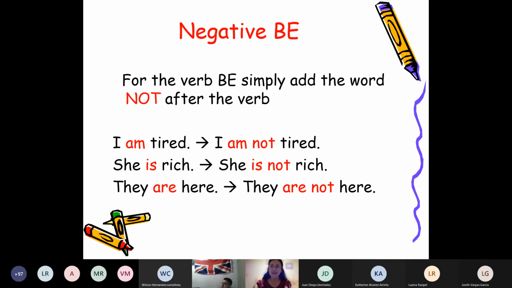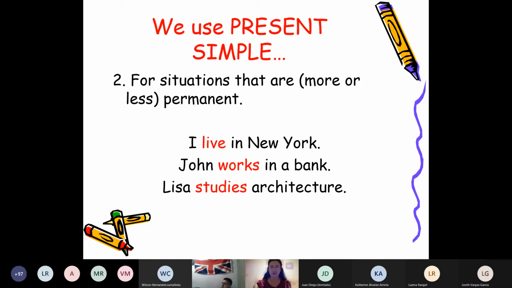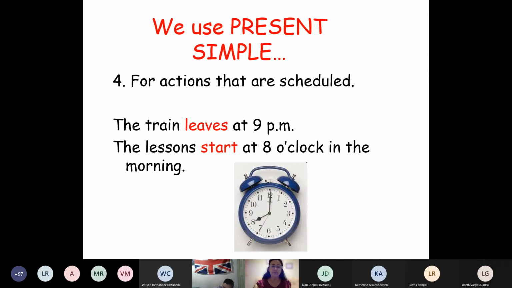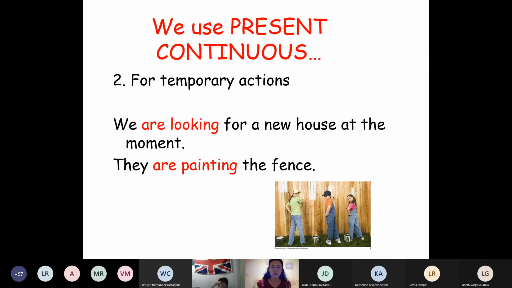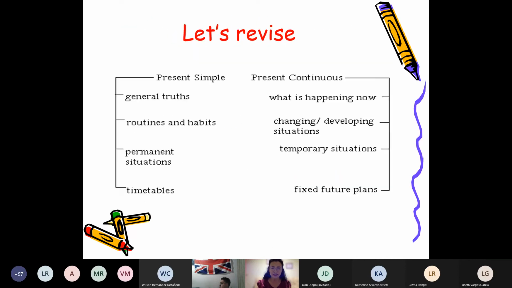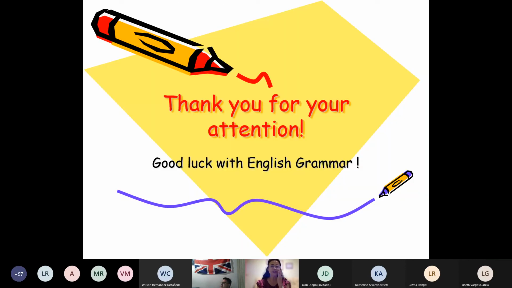The negative sentence with the verb to be is, she isn't rich. And for they are, the negative form is, they aren't, okay? So that is the negative form with the verb to be, all right?